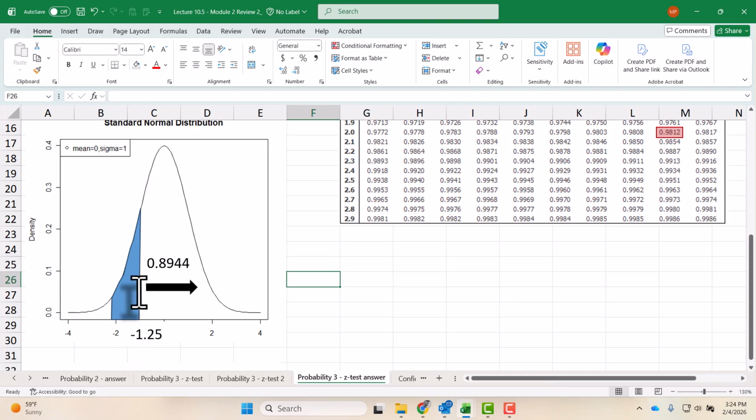It could be that the value is to the right of negative 1.25 or to the left of negative 1.25. If we're thinking about how big these areas are, and that the total area under the curve is 1, well then 0.8944 must be to the right of negative 1.25, because the area to the left is far less than 50%.